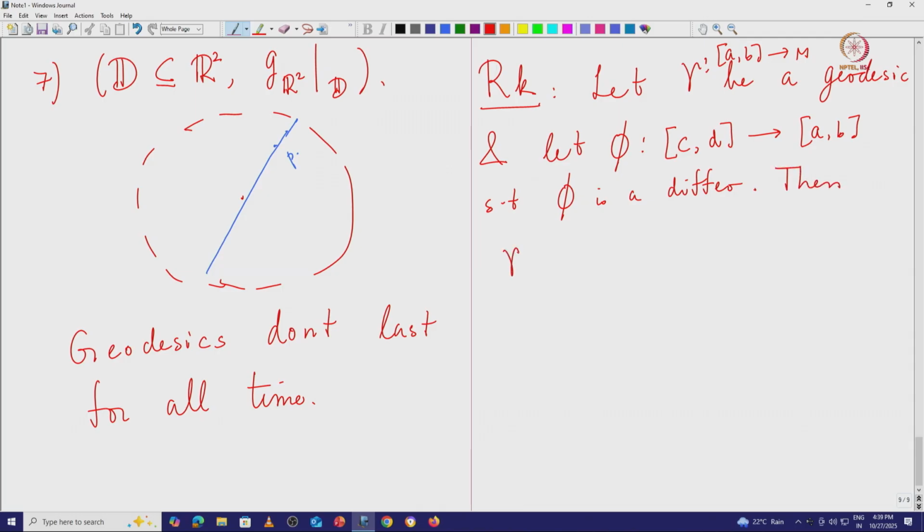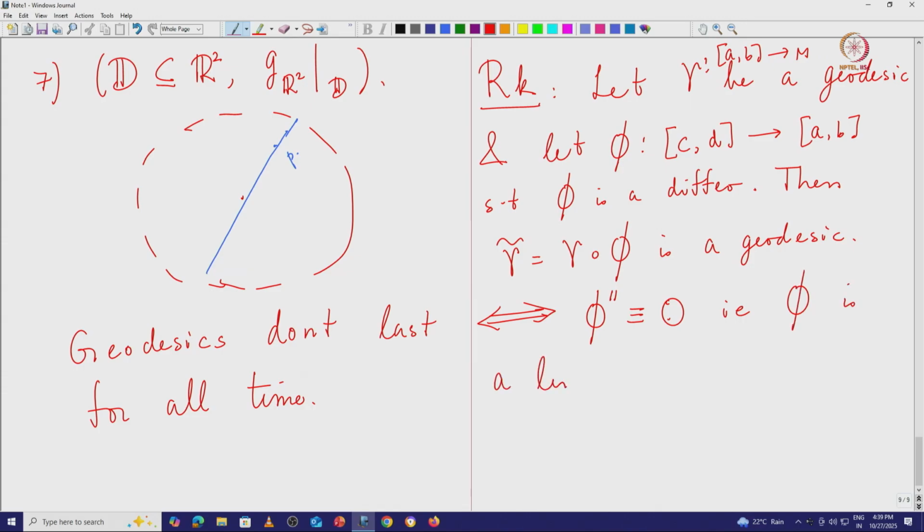Then the reparameterization gamma tilde, which is gamma composed with phi, is a geodesic if and only if phi is a linear function. Okay, so that is a nice exercise for you to work out.